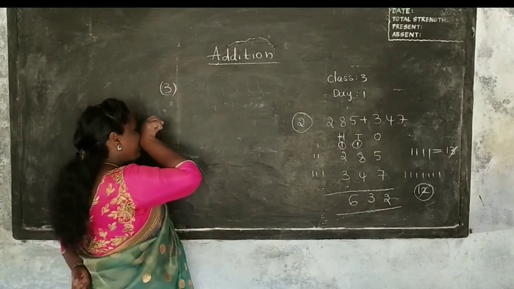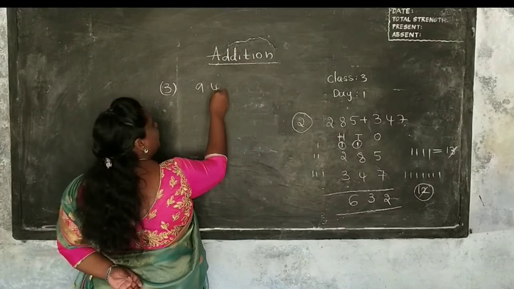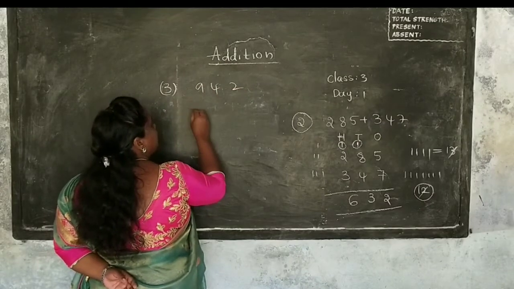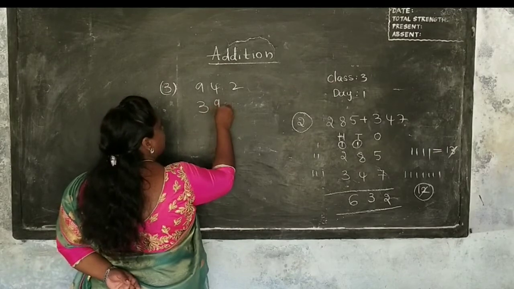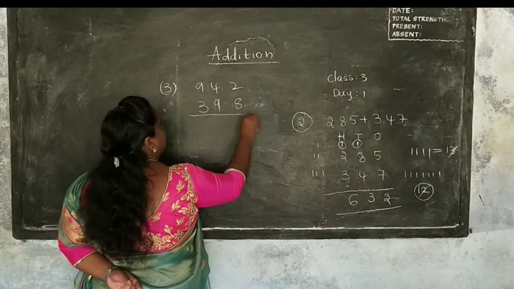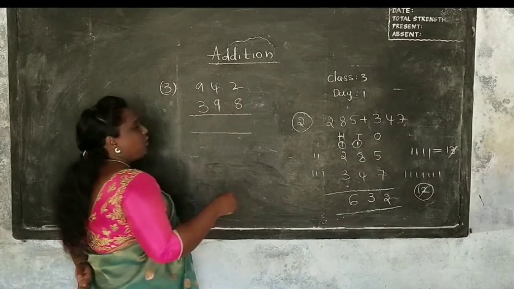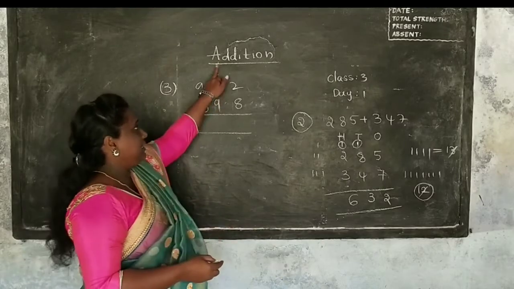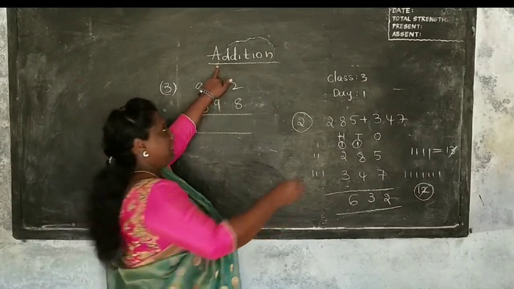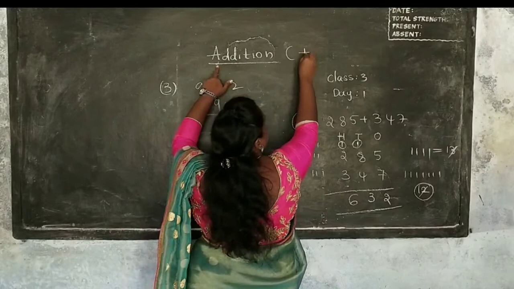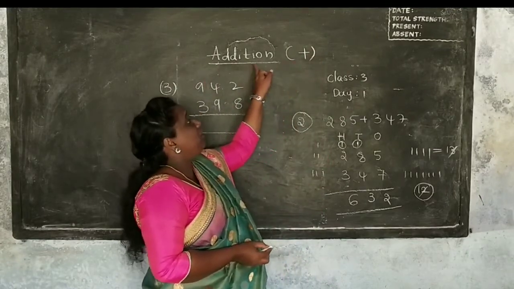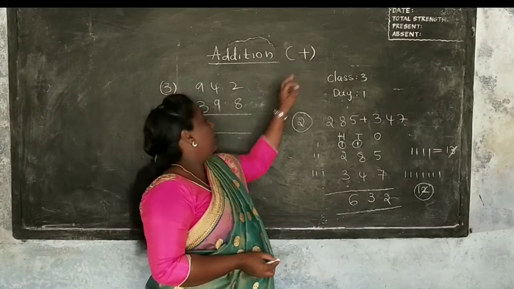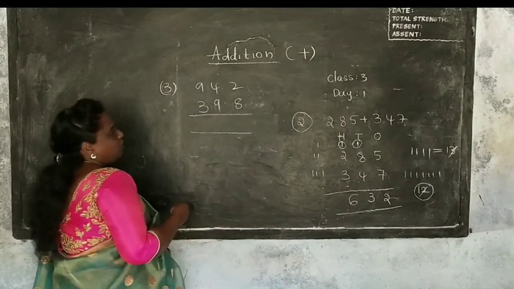Listen. 942 plus 398. What are we doing? Addition. The symbol of addition is plus. You must know this. What is the symbol of addition? Plus.